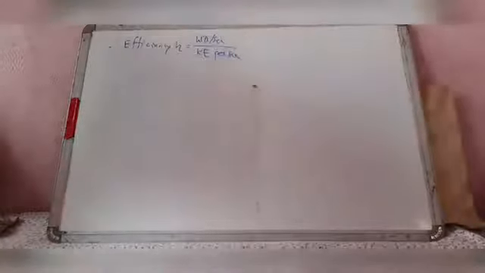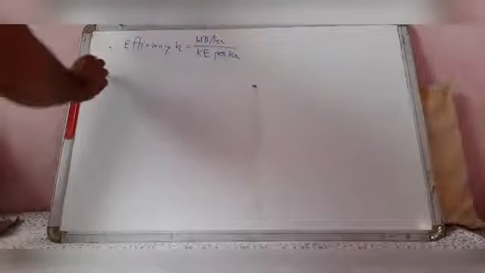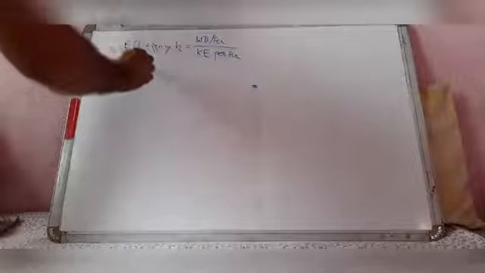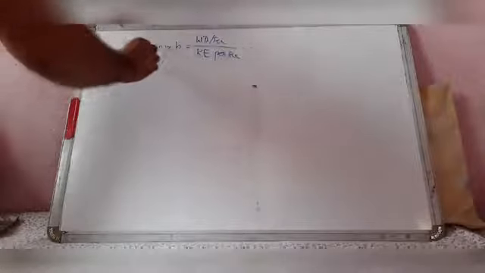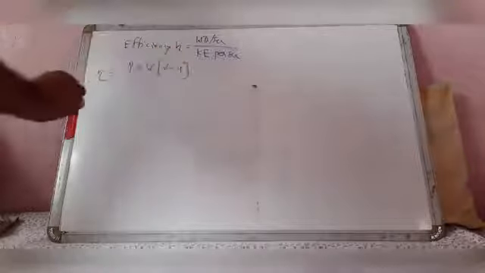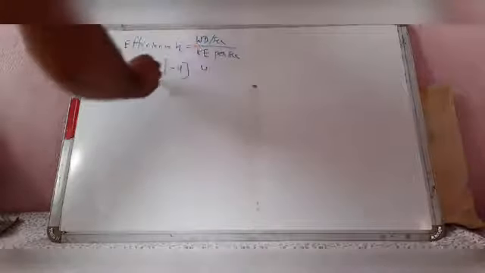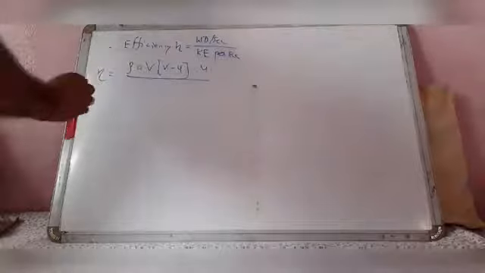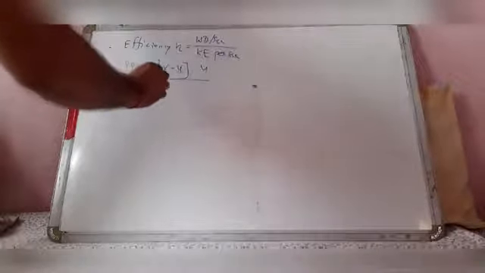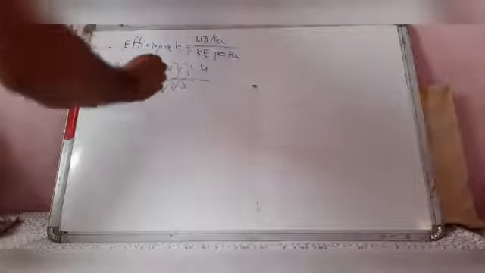So this is rho A v into v minus u into u, divided by half of rho A v cube.